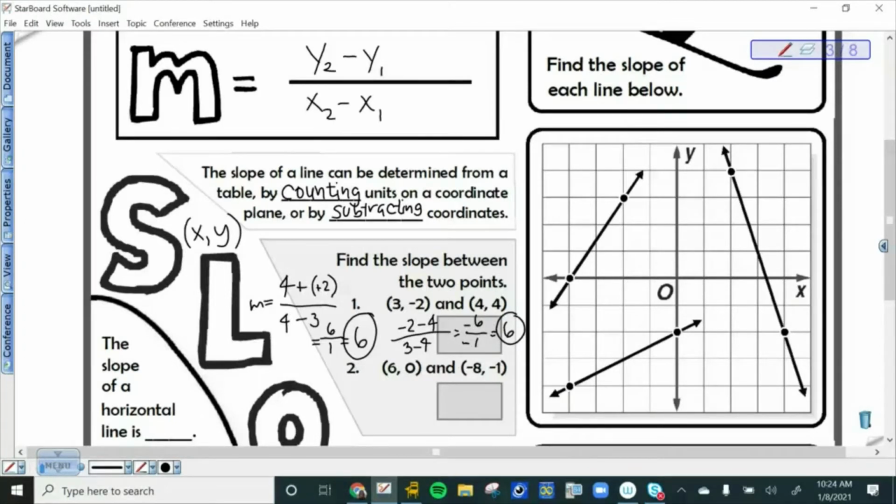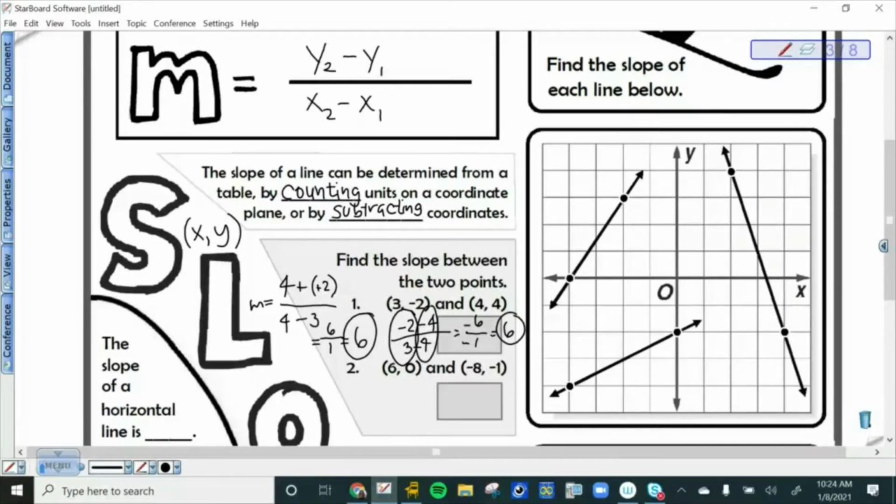Okay? So it doesn't matter what order you do it in, as long as you make sure that the corresponding coordinates are in line with each other. Does that make sense? Yeah?